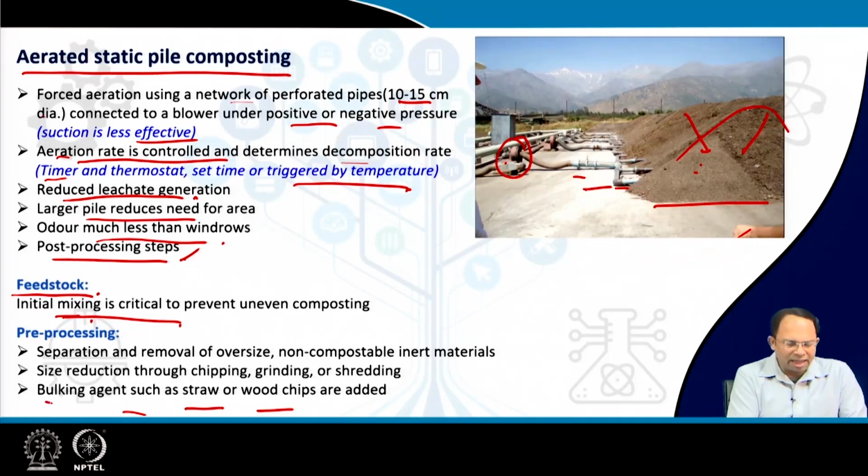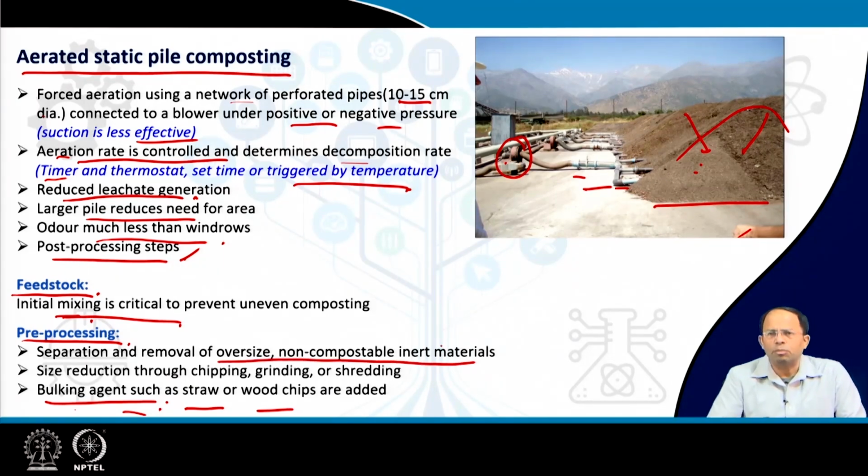That's why bulking agent is added. In the pre-processing stages we will add these bulking agents, and, as we said, oversized non-compostable inert materials are first removed.